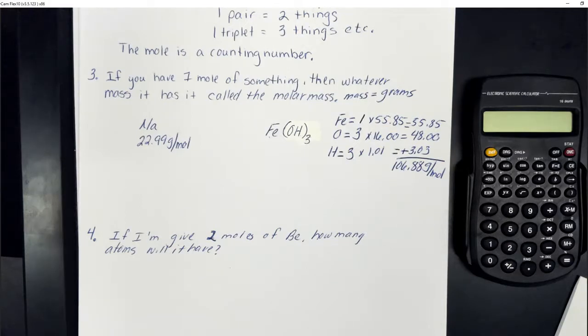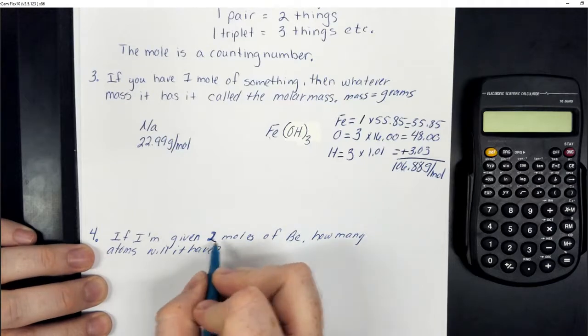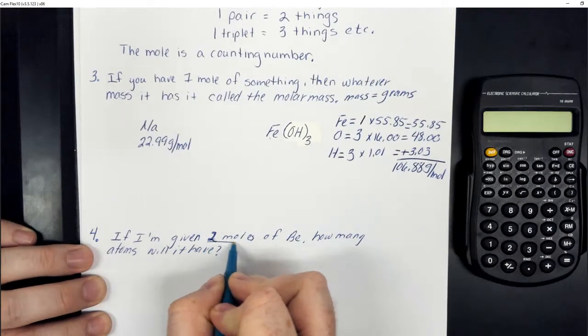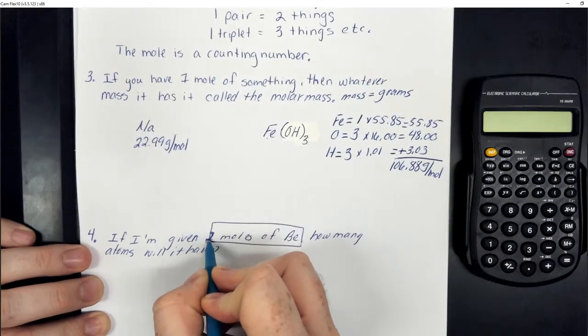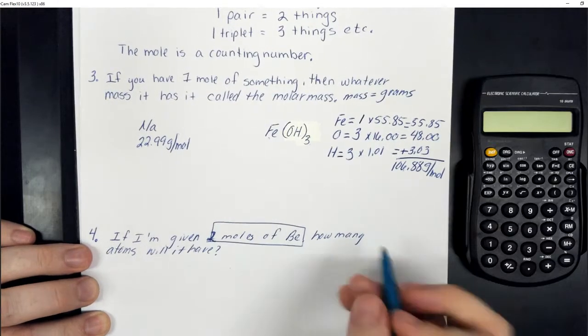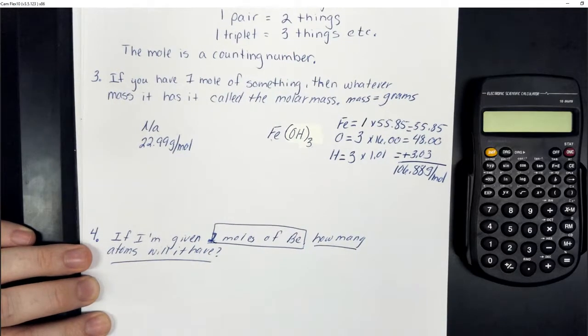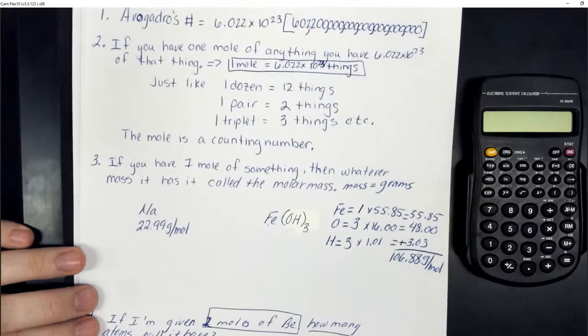If I'm given 2 moles of beryllium, how many atoms will I have? This is a dimensional analysis question, a special type of dimensional analysis question known as stoichiometry. So we were given 2 moles of beryllium. The question wants us to find how many atoms total will I have. Well, think about this.